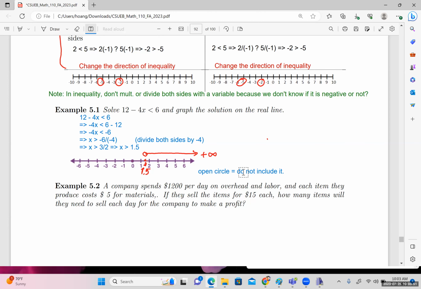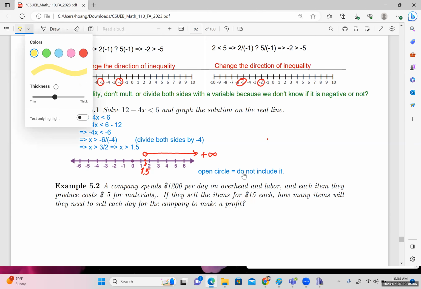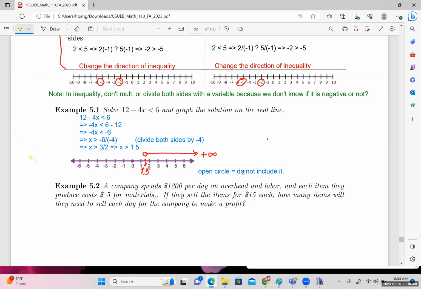Okay, so now we're going to move to example 5.2. Now read it. A company spends 1,200 per day on overhead and labor, and each item they produce costs $5 for materials.